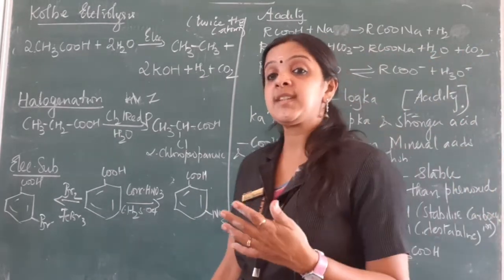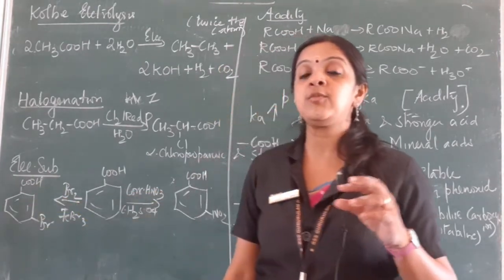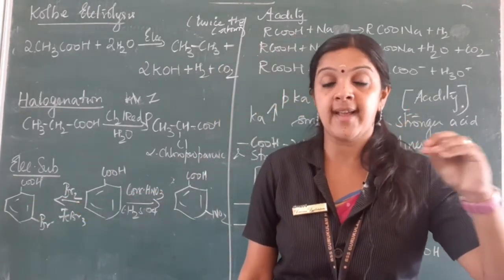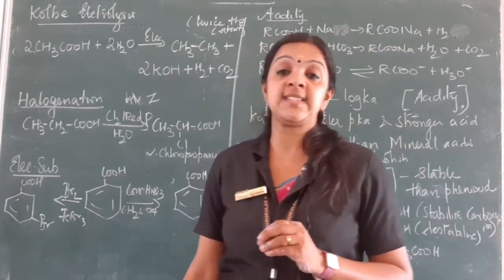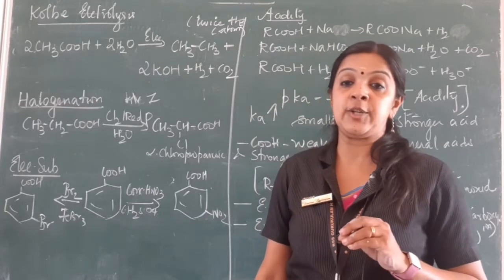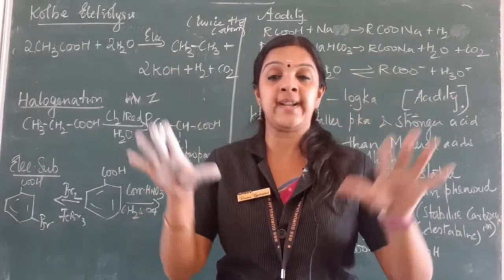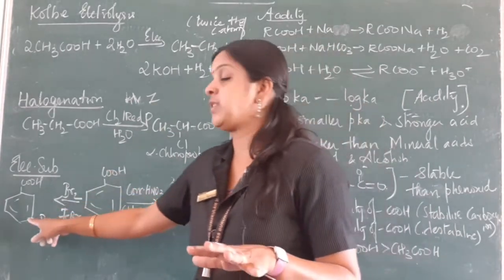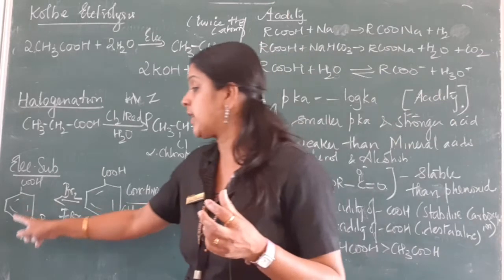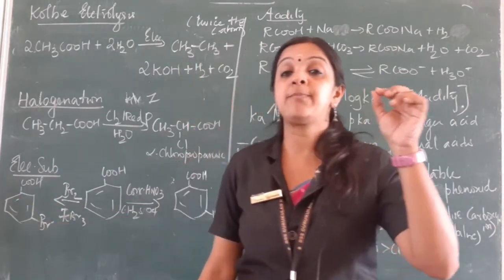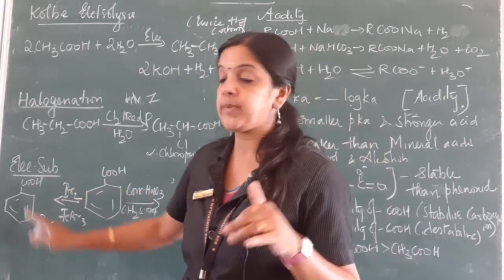The next one is electrophilic substitution, where an electrophile comes and is added to the benzene ring. But in the previous reactions that we were seeing, the group present on the benzene was ortho or para directing. Here, this particular benzoic acid, COOH, is a meta directing group. So, it directs the incoming electrophile to its meta position, because only there is the electron availability more, and the ortho and the para positions become plus, that is electron deficient centers, when the COOH group is present.